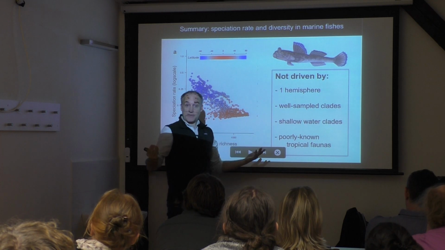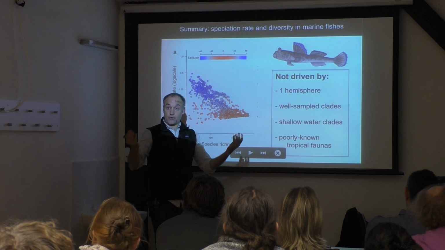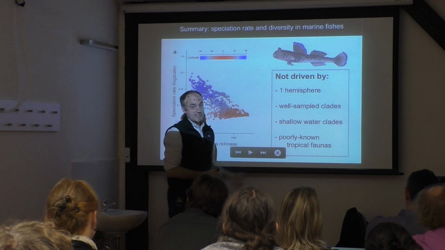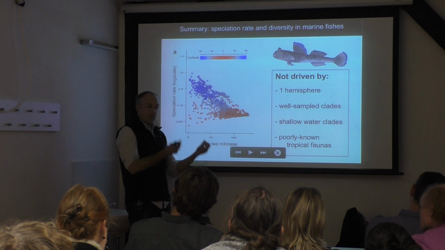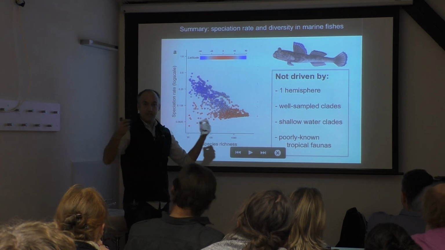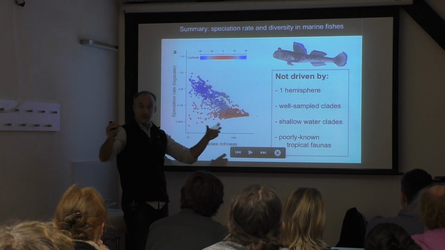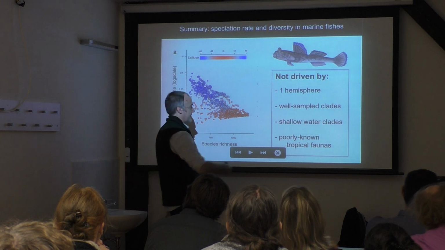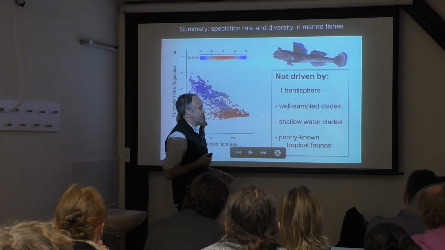We see it in both hemispheres, which are actually dominated by different clades. It's not just driven by well-sampled clades, because there are well-known clades that have received a lot of attention and poorly known clades that are also contributing to both fast and slow rates overall. We do a number of analyses of that as well, which I won't show you here.